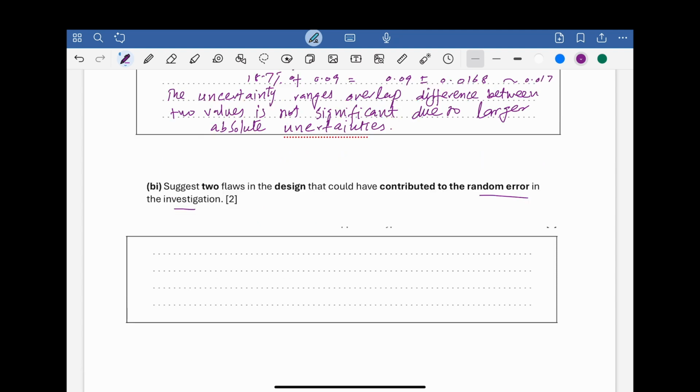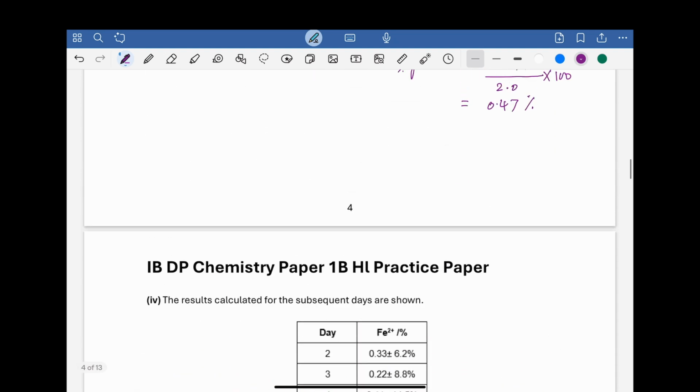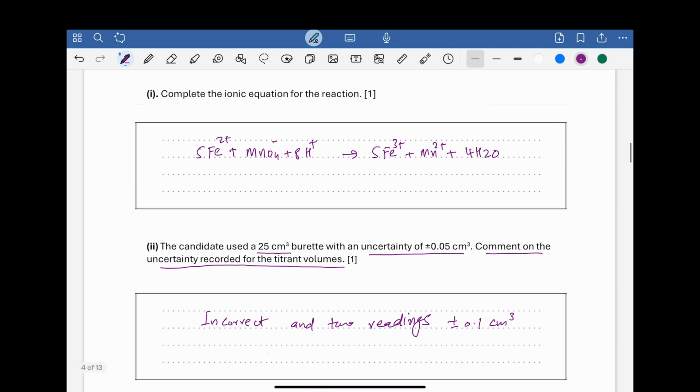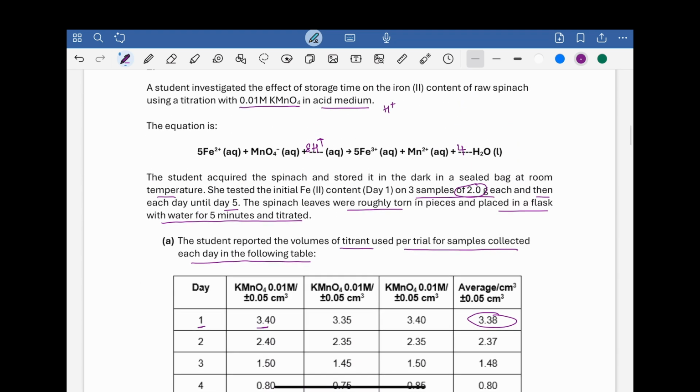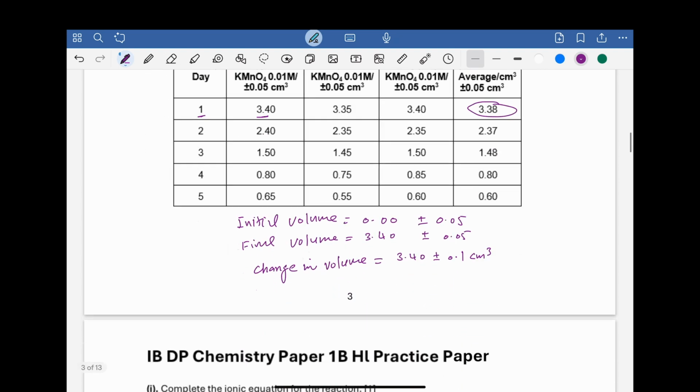Suggest 2 flaws in the design that could have contributed to the random error in the investigation. The one I have already highlighted when I was reading the question is that the spinach leaves were roughly torn in pieces.